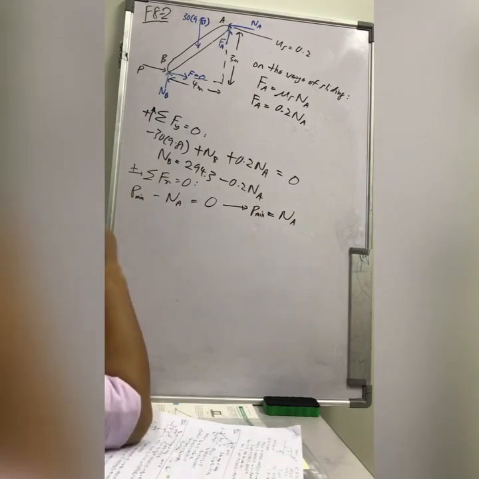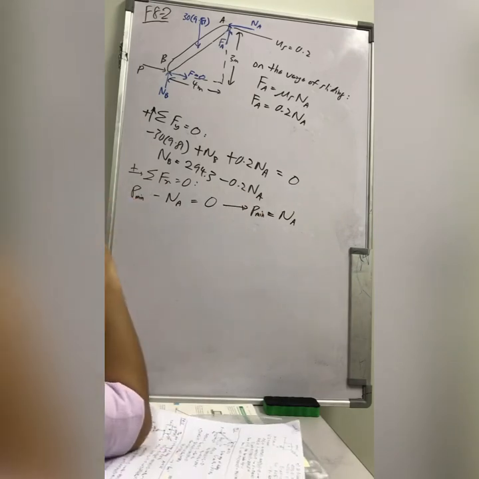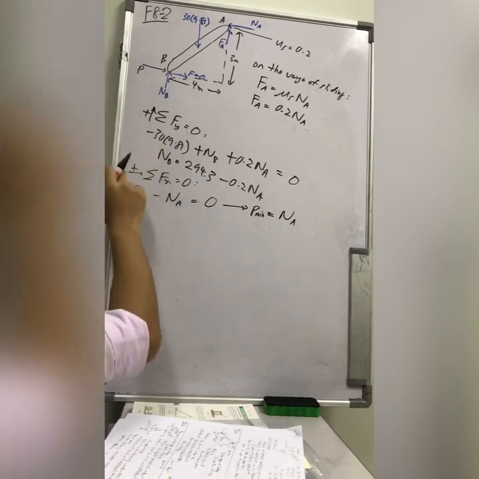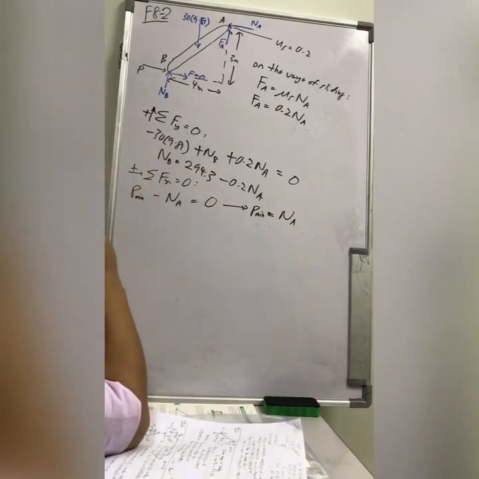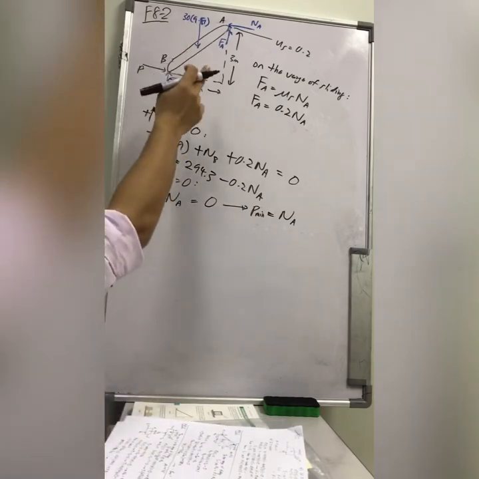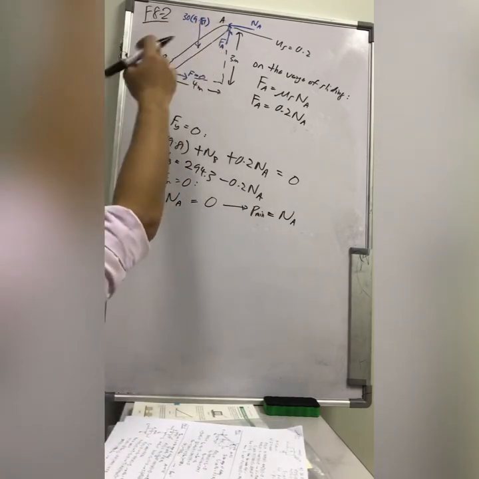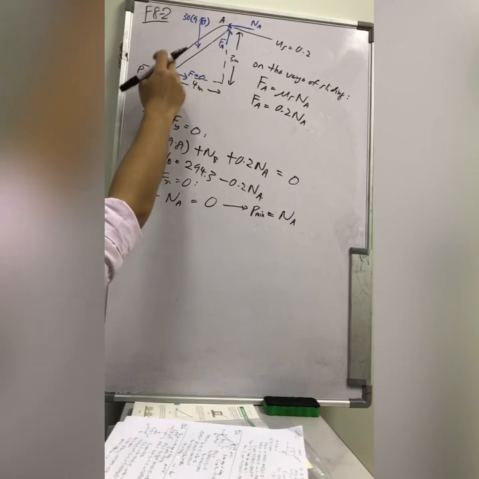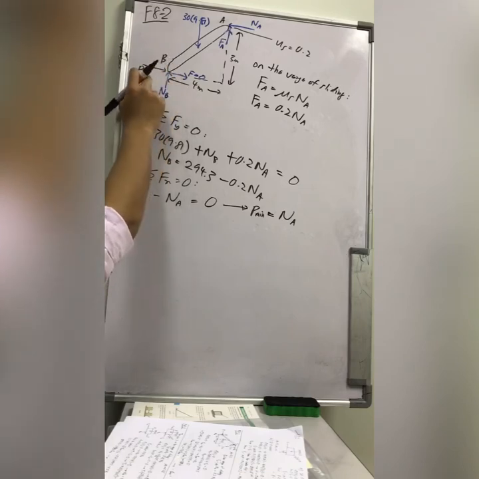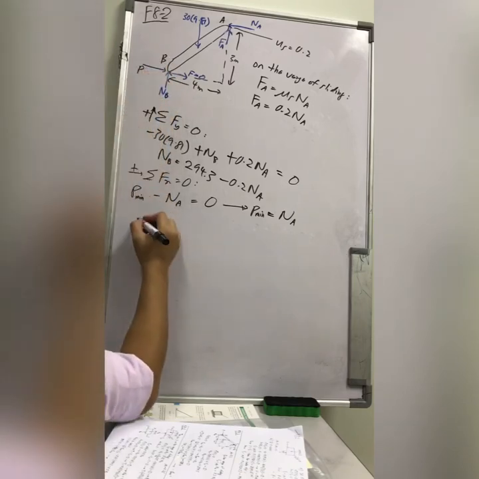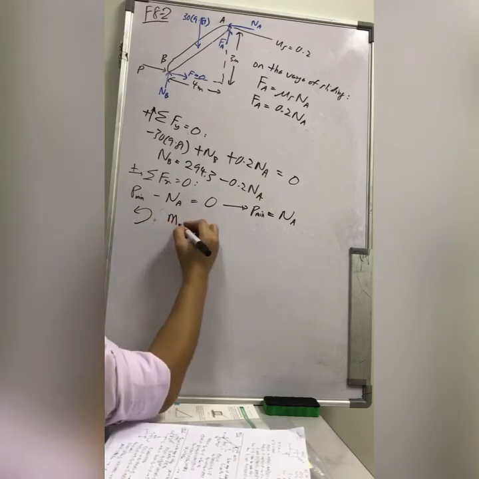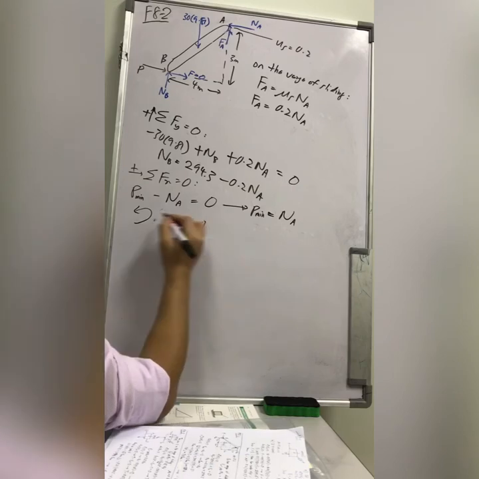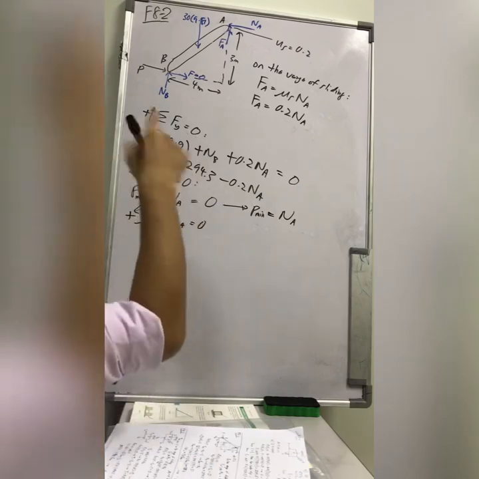And then next, first equation, second equation, the third equation you do moment. In this case, you can do moment about B or A, but let's do it about A because you want to find P. If you do it at B, then you will eliminate this P in the equation, so what is the point of doing that? So you do moment about point A equals 0, assuming counterclockwise as positive.